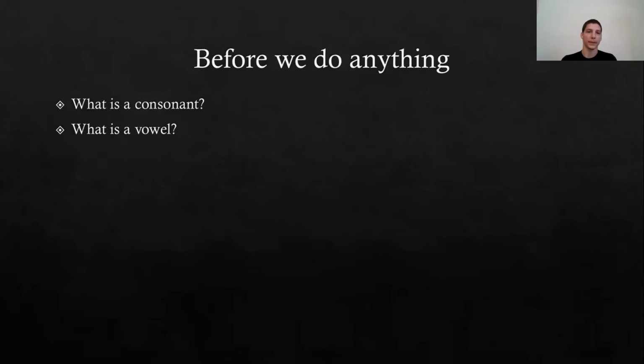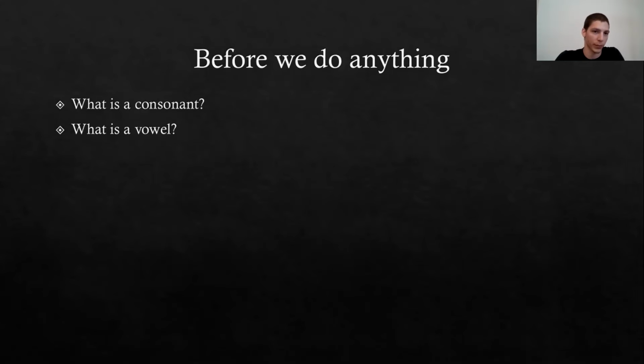Now, before we start getting into speech production and the material, I have a couple of questions that are very difficult for most people to answer in a really scientific way. If I say, what is a consonant and what is a vowel? My guess is that your response is just going to be to list consonants and vowels in a particular alphabet.